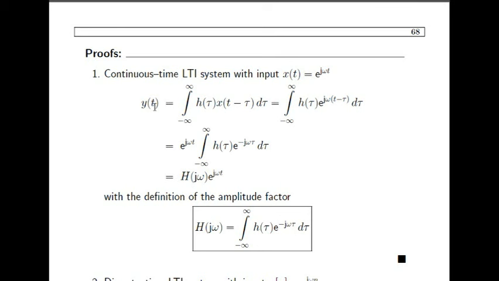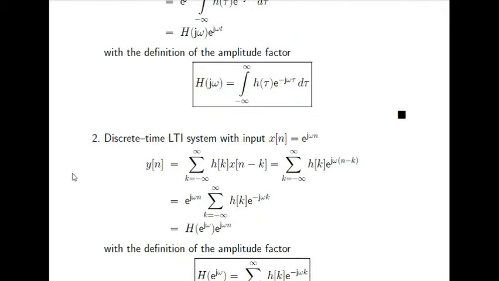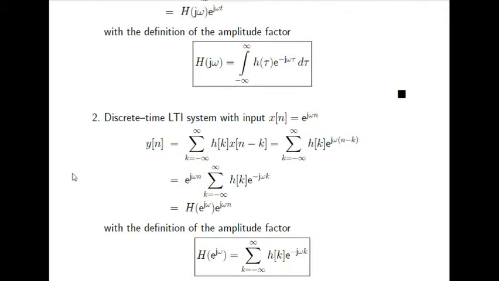When I solve this, I can take out the e to the power j omega t outside, and the remaining term I can represent with H of j omega, multiplied with e to the power j omega t. So with this proof, we can say that H of j omega will be the function within the box.